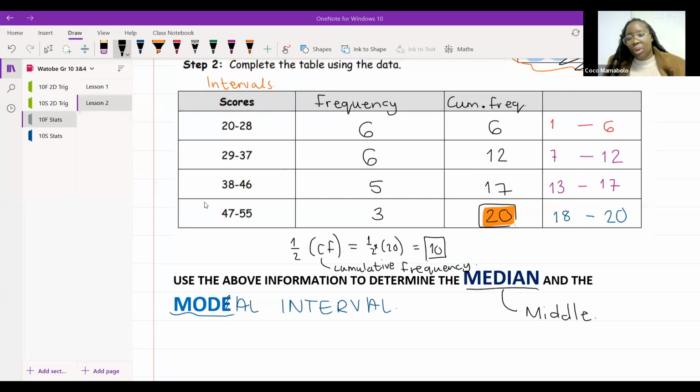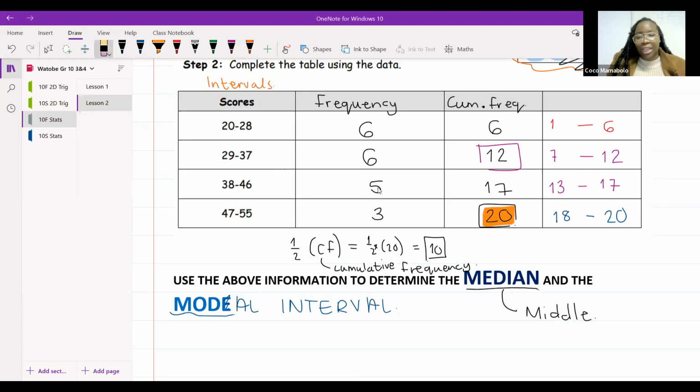Because we want the median of the complete set of data, we're going to take the halfway point of all of the information, which is the highest cumulative frequency value. So we can't say half of 12.